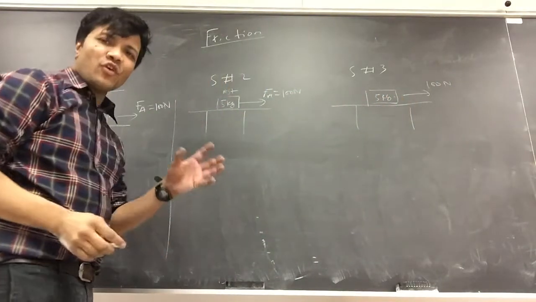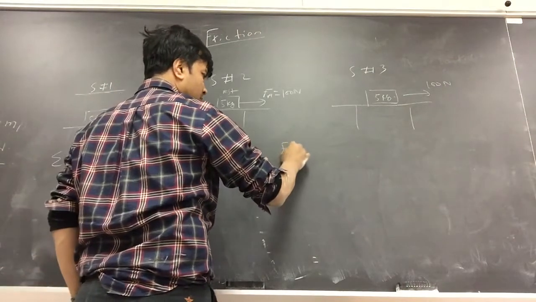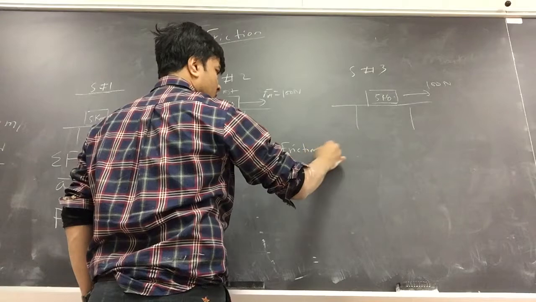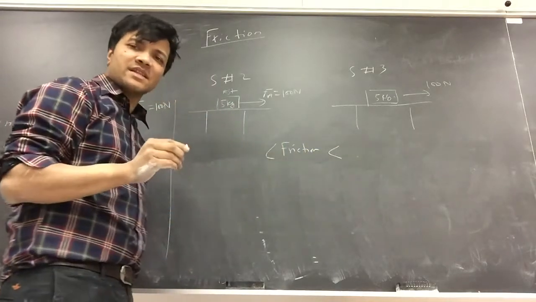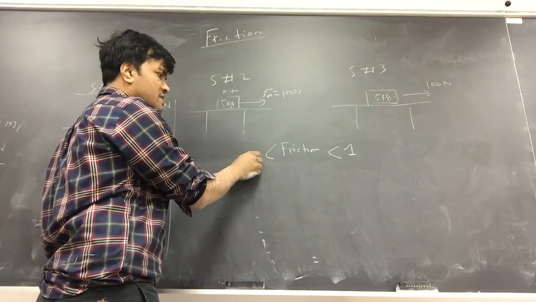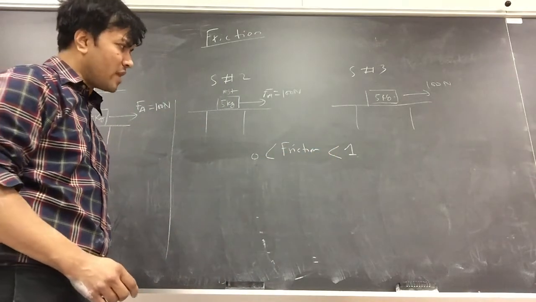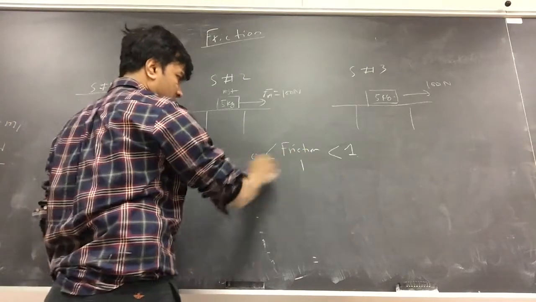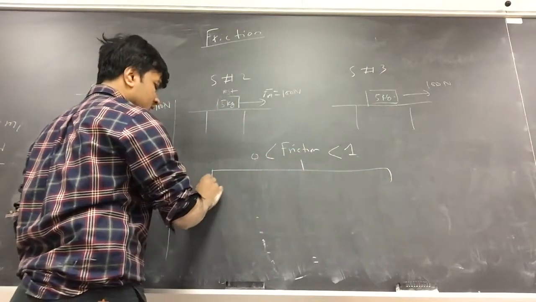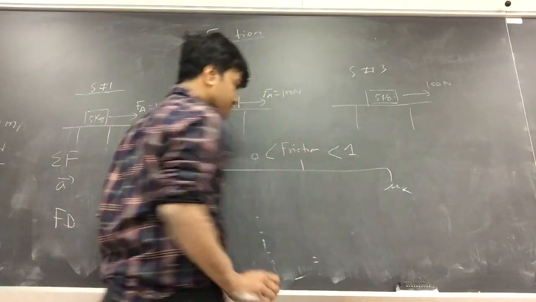Before that, we need to understand a few things. Now, friction. The coefficient of friction is always between 0 and 1. It can never be smaller than 0, and it can never be bigger than 1. There are two types of friction: static friction and kinetic friction.